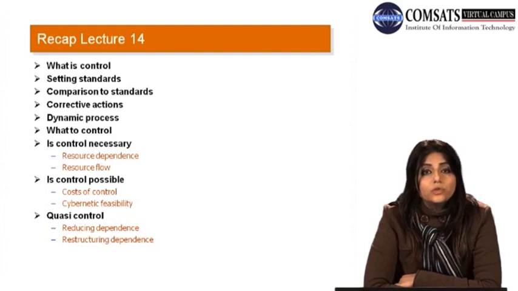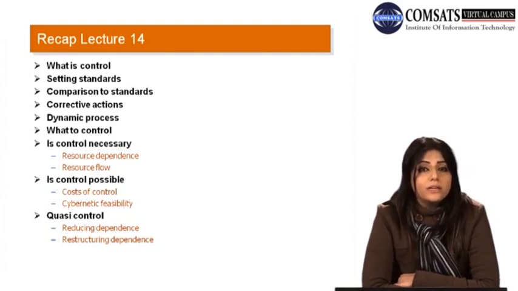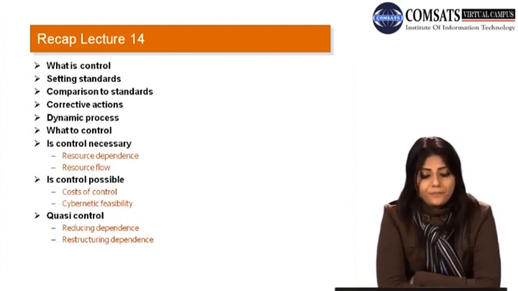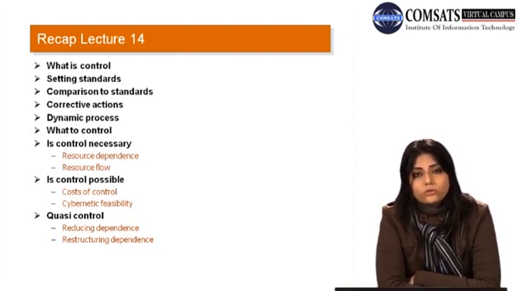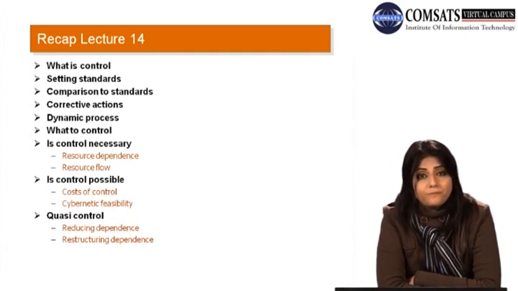Then control may also be difficult in that kind of case. Then we had a discussion on quasi control. We saw that companies can use quasi control when control is difficult, or when control is not very possible.